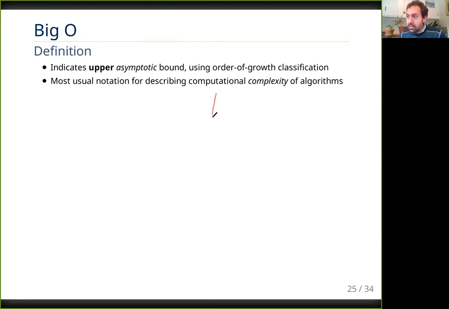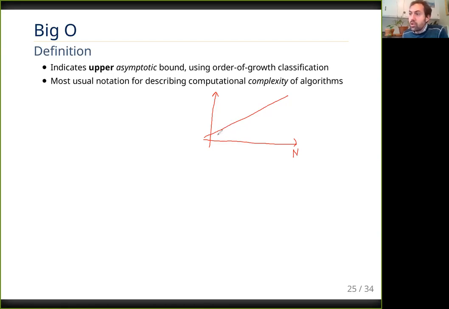Essentially, imagine that you have a function here, something like that. Big O would be a way to express the way that this function is moving as a function of the input size n. And even more, it would be a way to describe an upper bound.